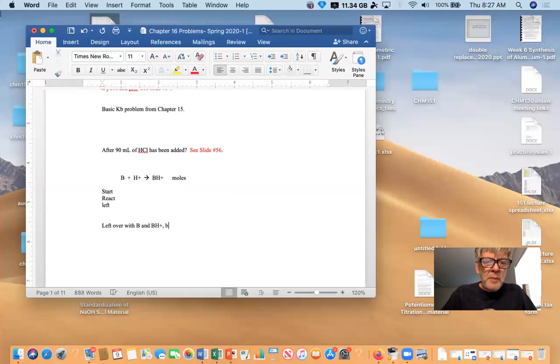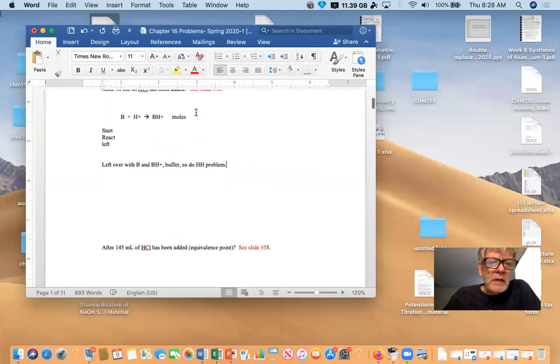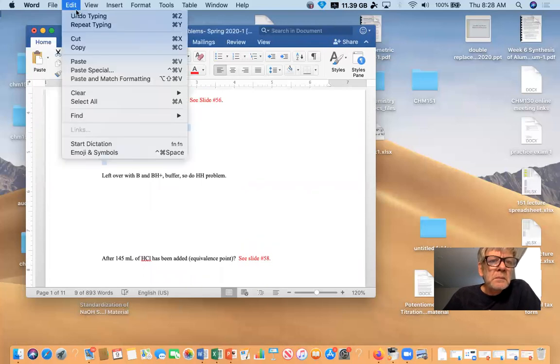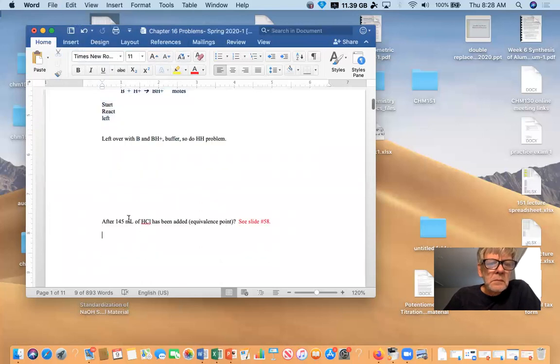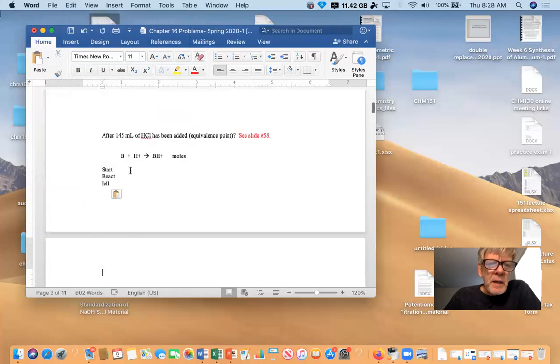You're left over with a buffer, so do a Henderson-Hasselbalch problem on that. Again, it'll be just like the example there on slide 56. And on this one, we're going to do exactly the same thing.